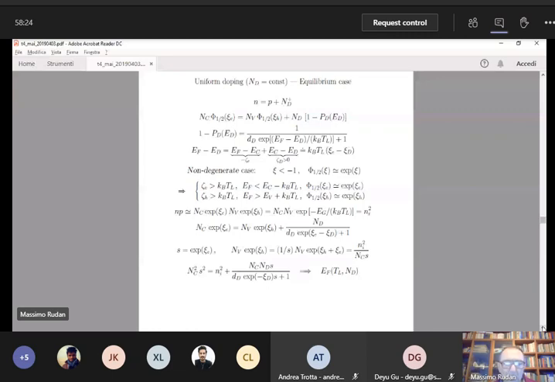In conclusion, you may set up a balance relation of the form that you can see in the first line of the page. You may say that the total number of the electrons of the conduction band equals the total number of the holes of the valence band plus the total number of the ionized donors.